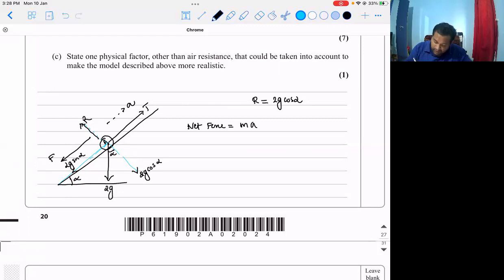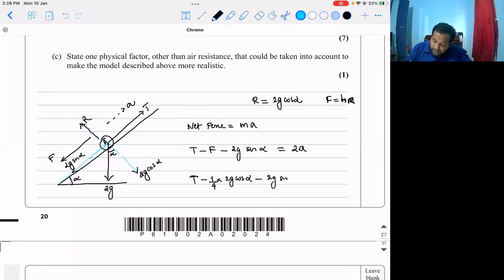And we know that according to Newton's second law, net force is equal to mass times acceleration. So what is the net force? T minus F minus 2g sin alpha is equal to 2 times acceleration. T is unknown, minus friction. Friction is mu times normal reaction, and mu is 1/4. Normal reaction we already know, that is 2g cos alpha.